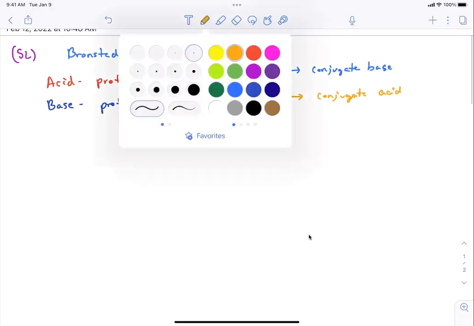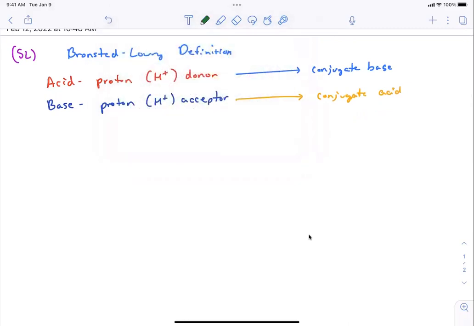And so when you look at a reaction for a Bronsted-Lowry definition, you should see the movement of one H plus from one species to another. So you might see something like this. NH3 plus H2O yields NH4 plus and OH minus. And we'll talk about the arrows in a little bit when we talk about strengths of acid bases, but this is the appropriate arrow for this.